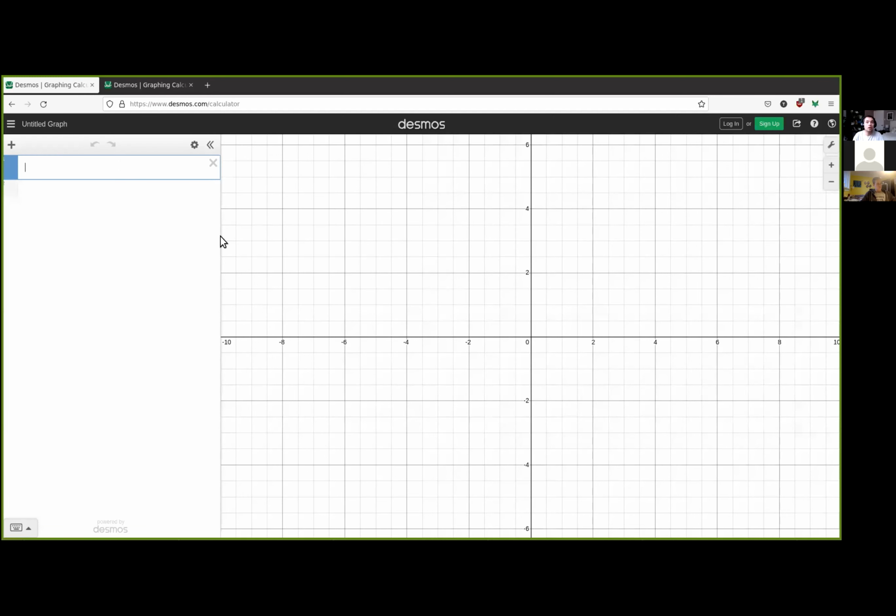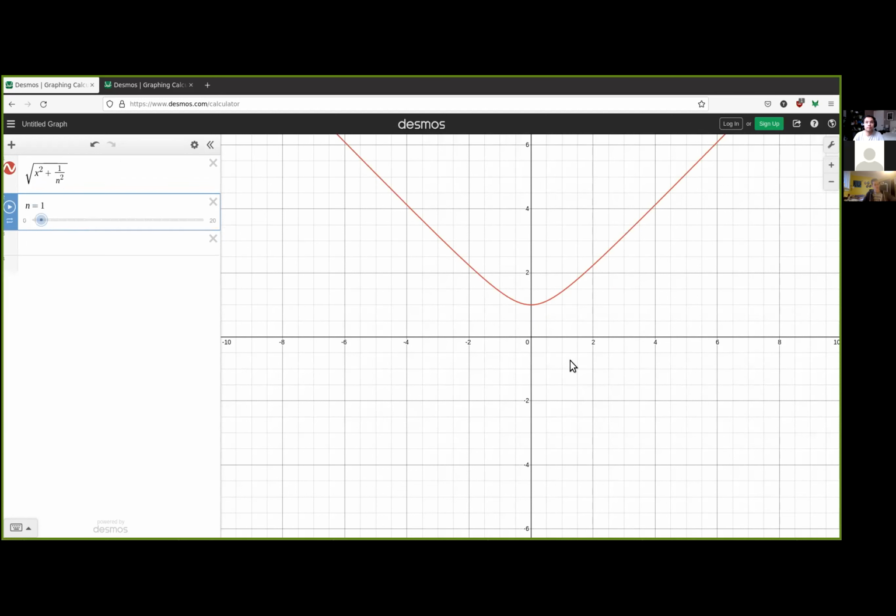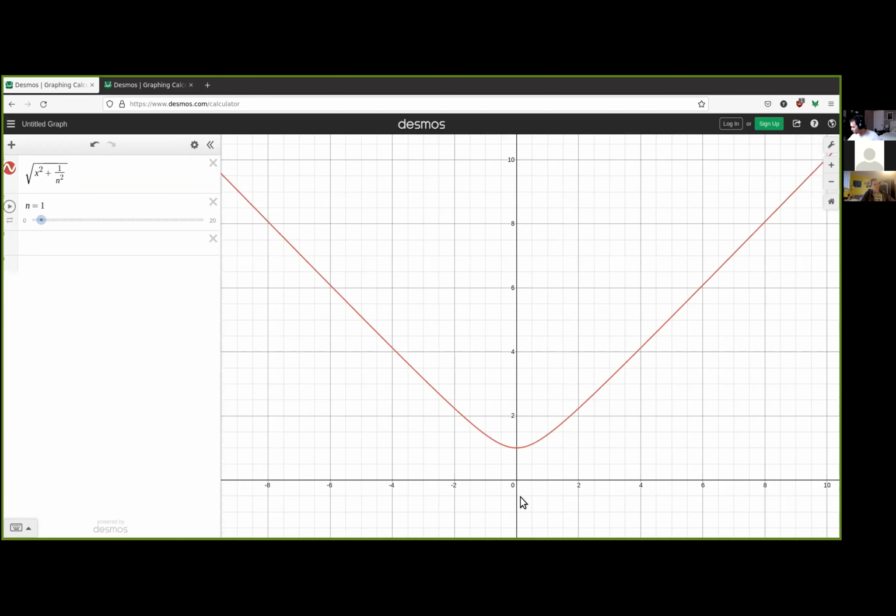All right, so let's do the first function first. It was the square root of x squared plus 1 over n squared, right? And let's just modify this. Let's go to like 20 or something.